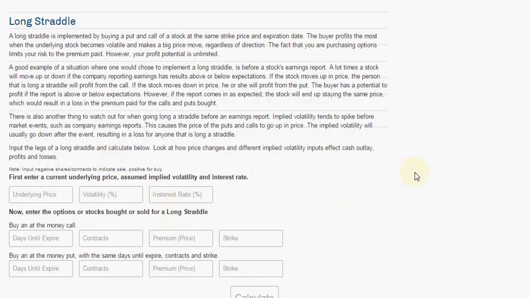What we do for the strategies on Option Strategies is explain how you would implement the strategy, and then you can go and implement the strategy theoretically. This is how you would implement the straddle.